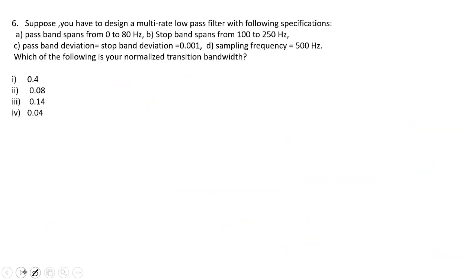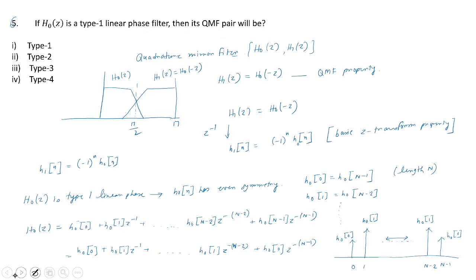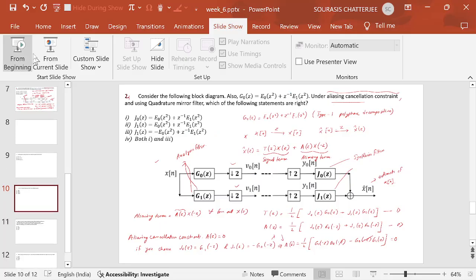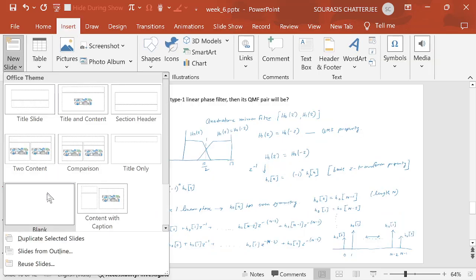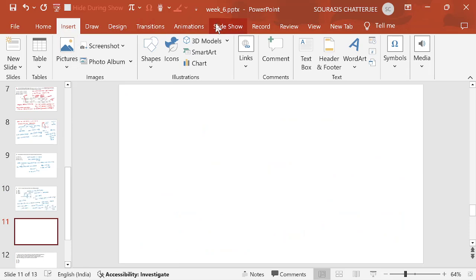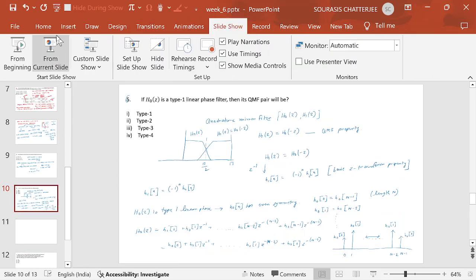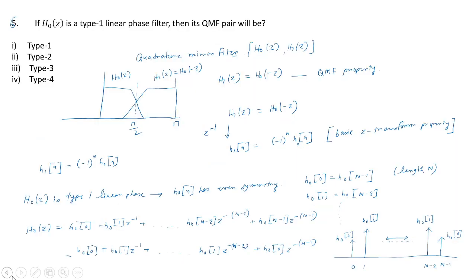Now let us, okay, I think I need to introduce a new slide here. We have seen the expression of h1(n) to be (-1)^n h0(n).